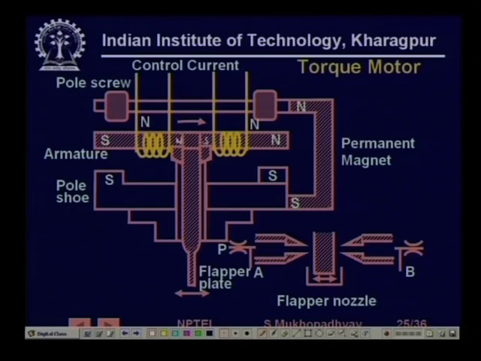If you send currents like this, then this is going to repel and this is going to attract. So, this torquer will slightly tilt, and it is this tilt which is connected to the flapper plate. This is the way you control the flapper.